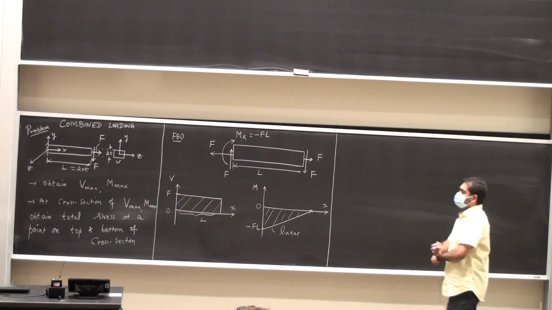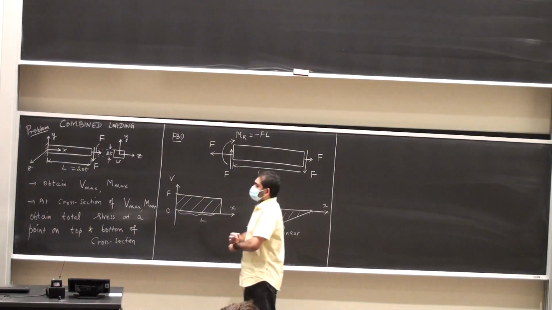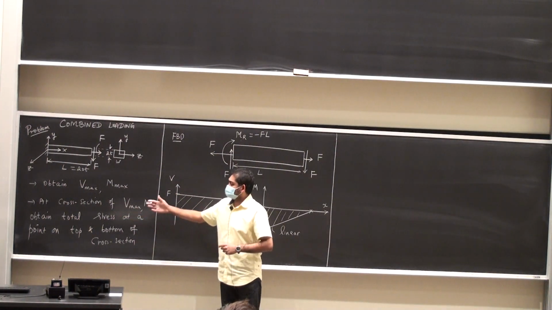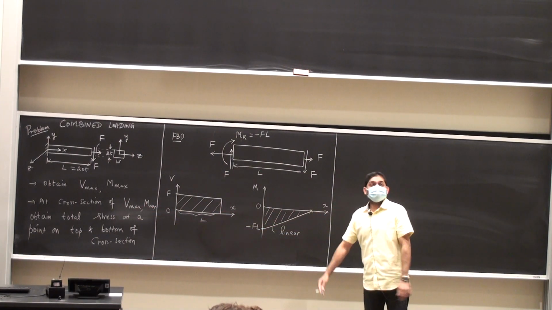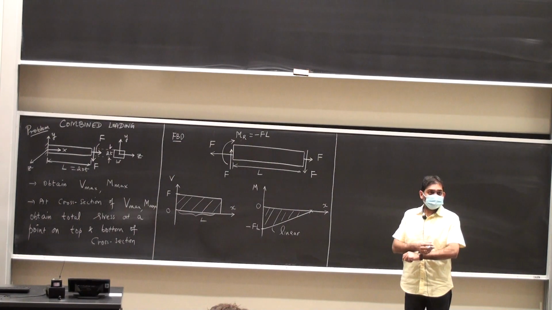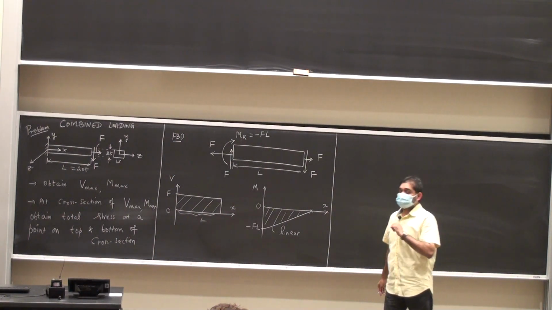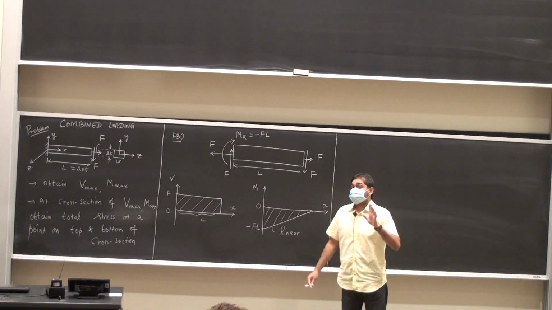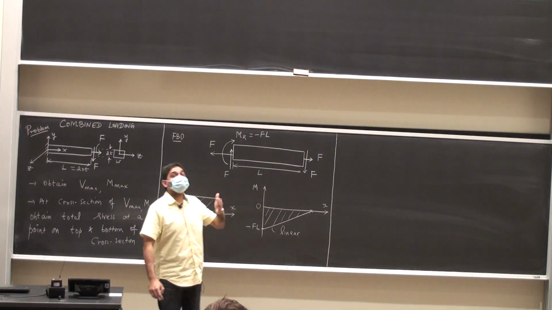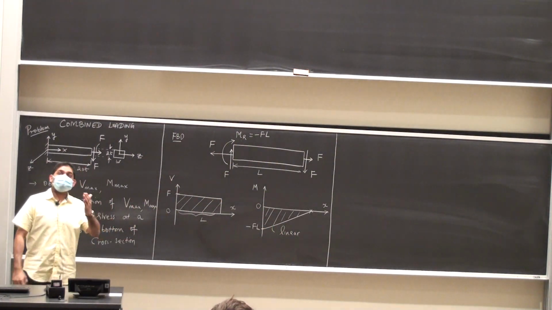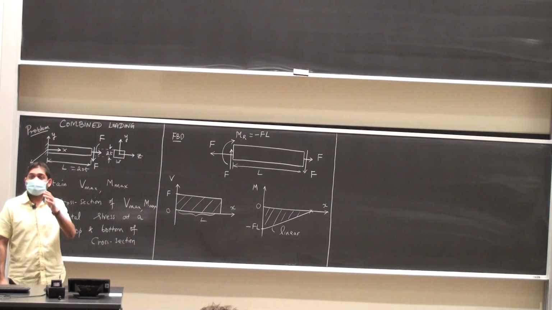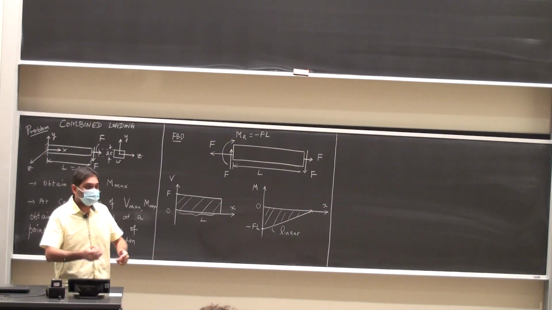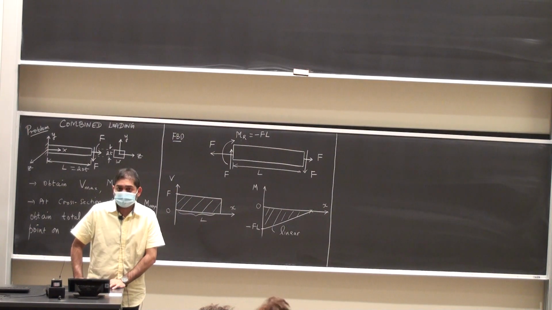Then I look at the question. The question is asking me, okay, at the cross section where the maximum shear force and the maximum bending moment occurs, start looking at the stresses. So my question to you, first things first, it is not necessary that the location of the maximum shear force is also the location of the maximum bending moment, as you have clearly seen in your shear force diagrams and bending moment diagrams in your homework.